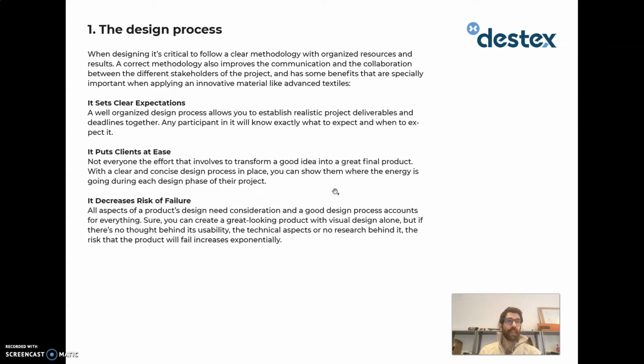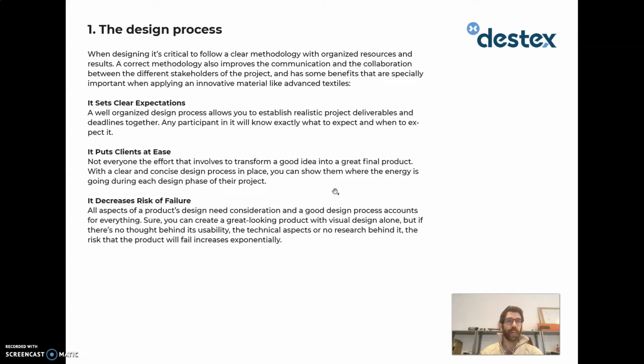Here starts the OER itself. This is the first stage, and what we do here is to explain that when designing it's really important to follow a well-organized methodology with clear expectations, resources, and results.